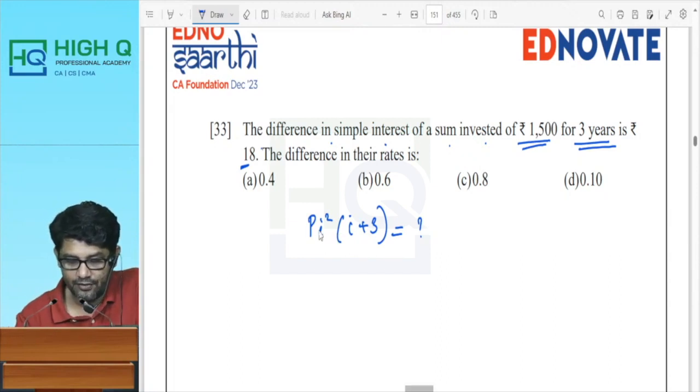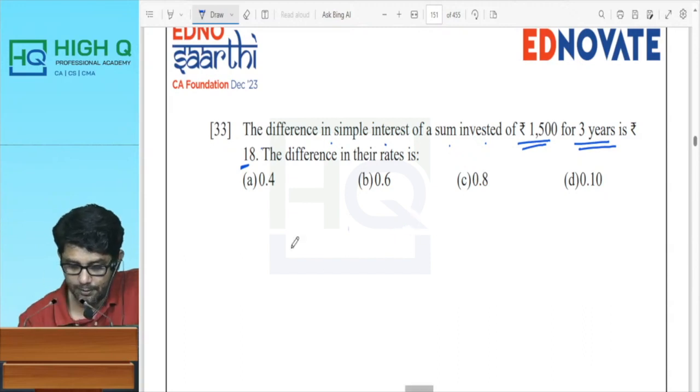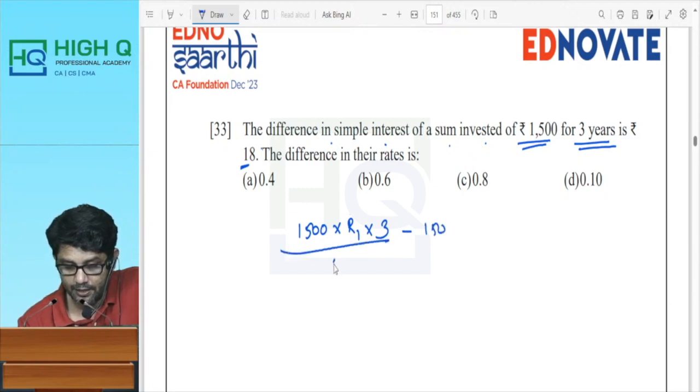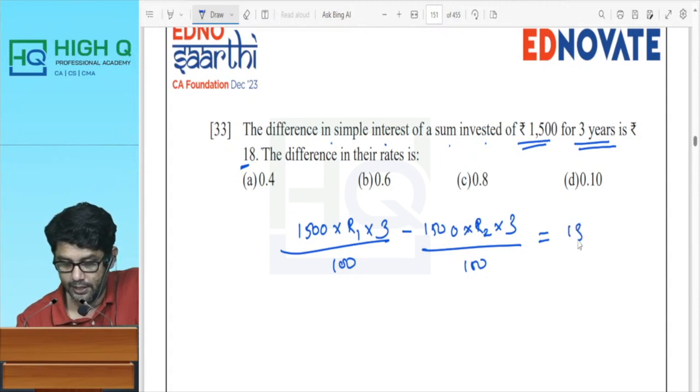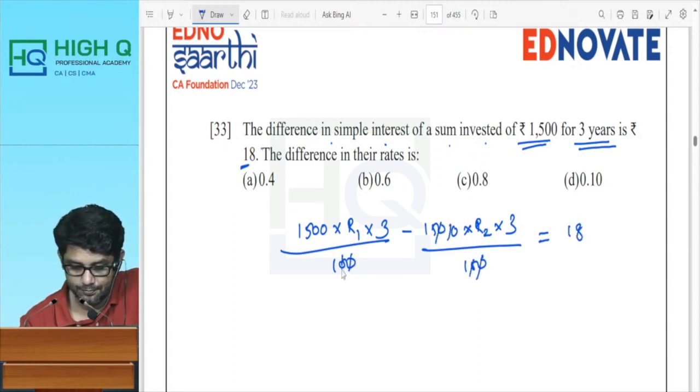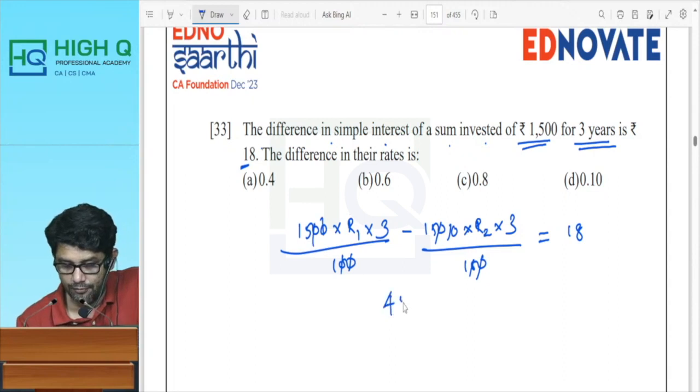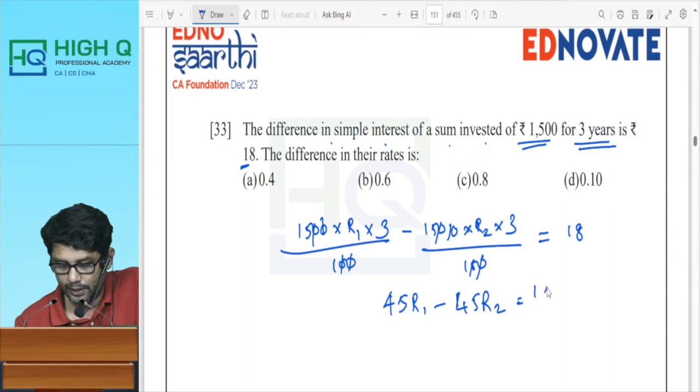They ask you to find out the difference in the rates. For example, 1,500 into first rate of interest into number of years, divided by 100, minus 1,500 into second rate of interest into 3 divided by 100, is equal to 18. 45R1 minus 45R2 is equal to 18.